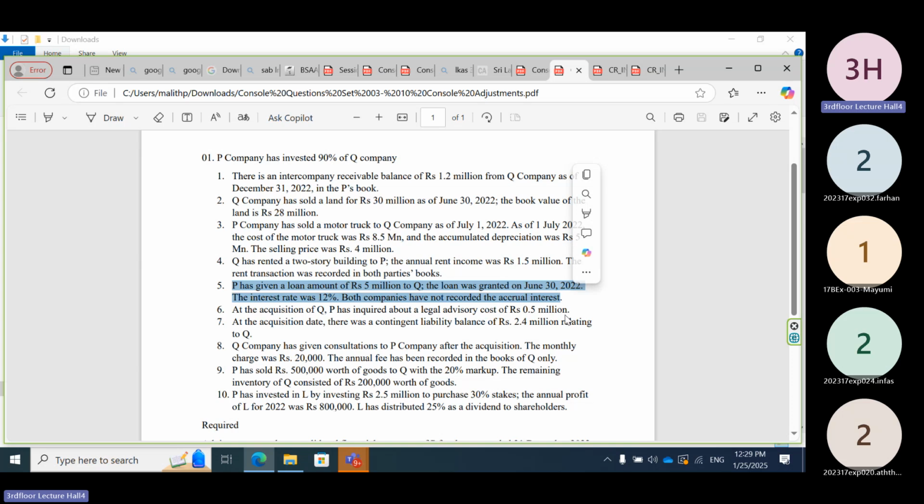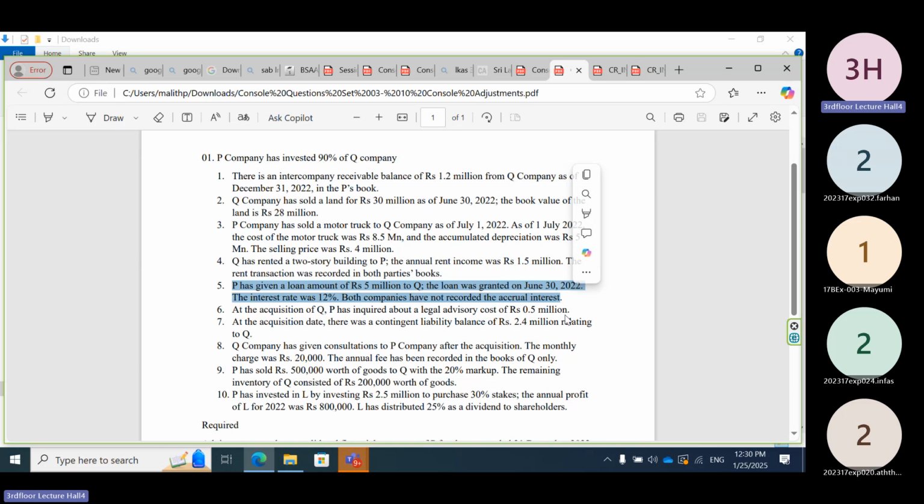So then here, parent has given a loan to subsidiary. The acquisition date is before the year end. This is 2024, and in June 2023 it has acquired a subsidiary. Parent has given a loan to subsidiary, maybe 5 million.